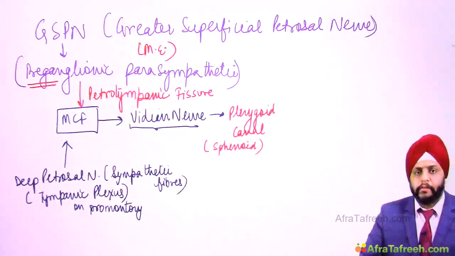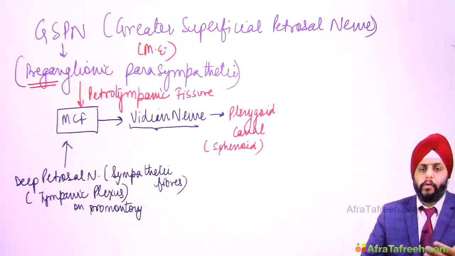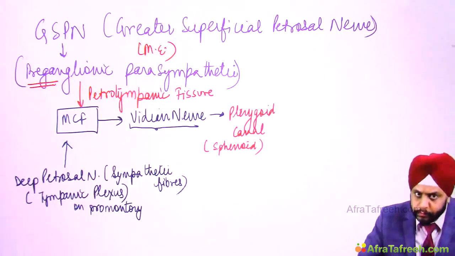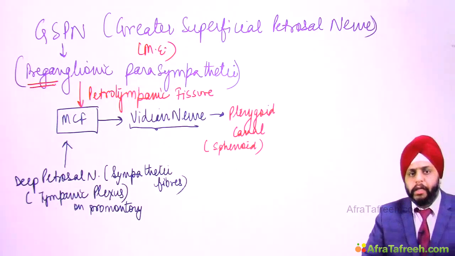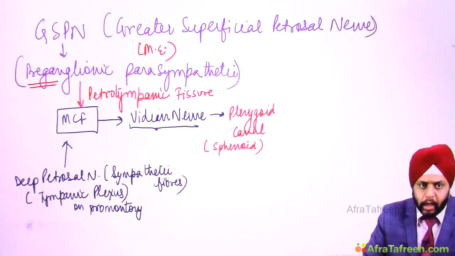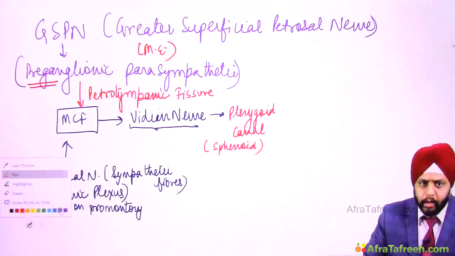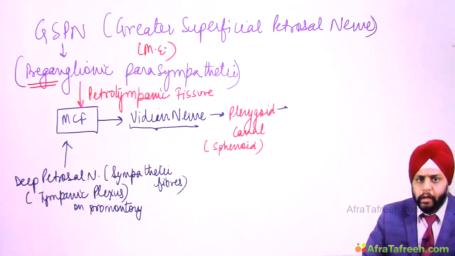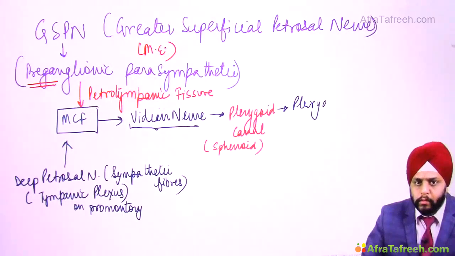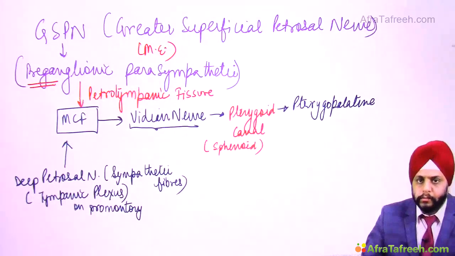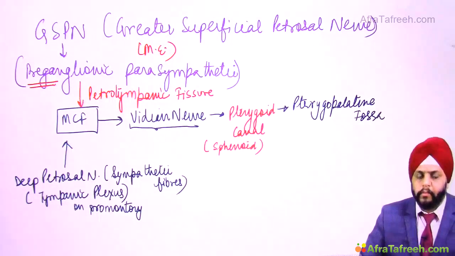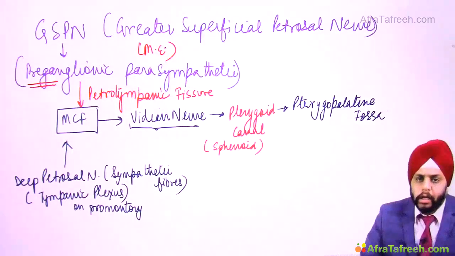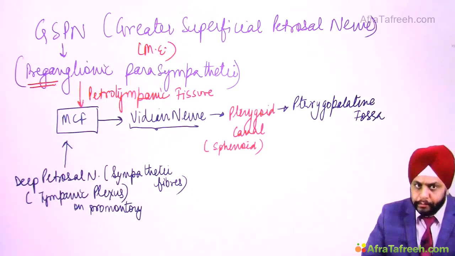Okay, now this canal is present at the base of the pterygoid process of sphenoid bone, right? And when the Vidian nerve crosses this pterygoid canal or the Vidian canal, now this Vidian nerve reaches the pterygopalatine fossa. Okay, it reaches the pterygopalatine fossa.